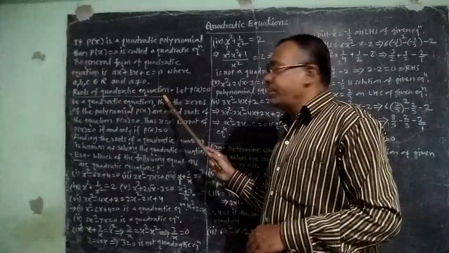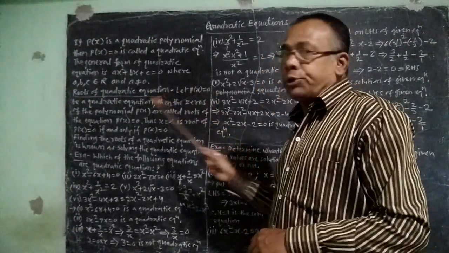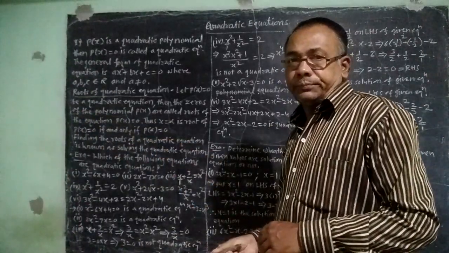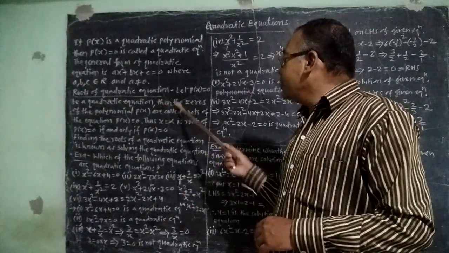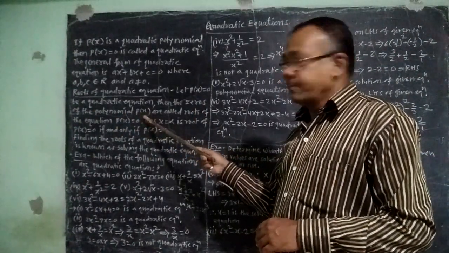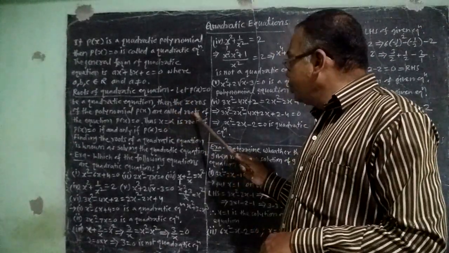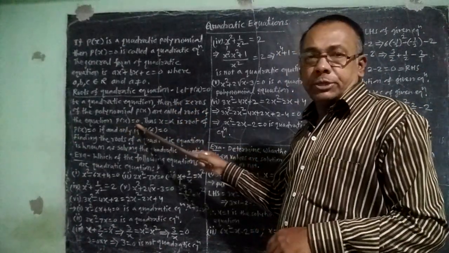Roots of the quadratic equation we have to see now. Let p(x) is equal to 0 be a quadratic equation. Then the zeros of the polynomial p(x) are called the roots of the equation p(x) is equal to 0.